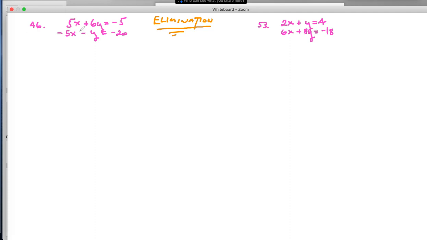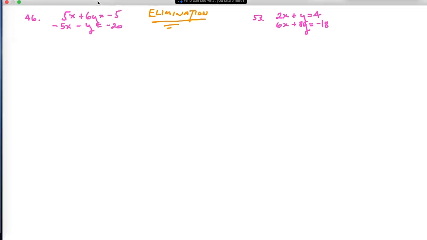Well, the first thing you want to make sure is that either this 6, the number next to the y in the top equation, is the same as the bottom one but with the opposite sign, or that it's the same number but opposite sign for the x's.